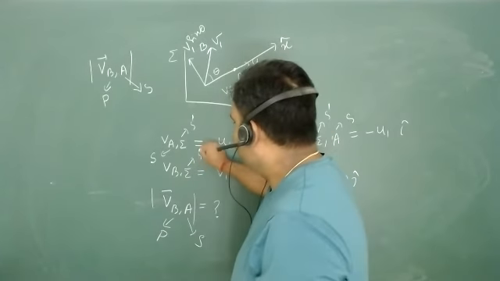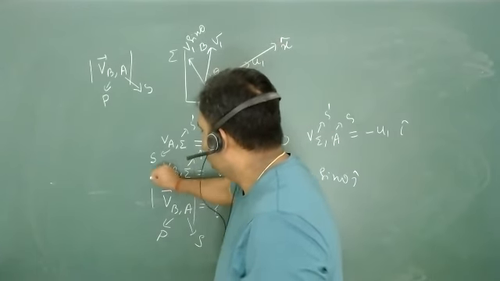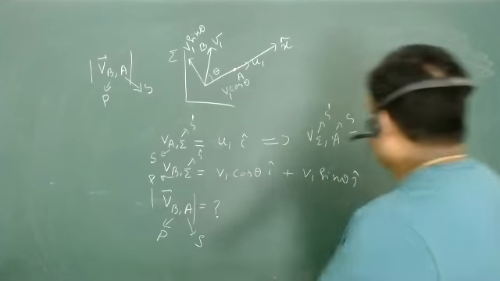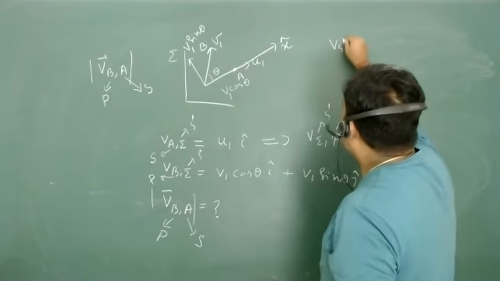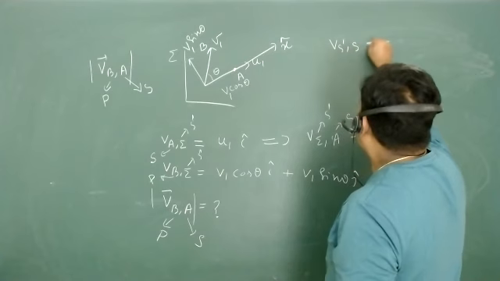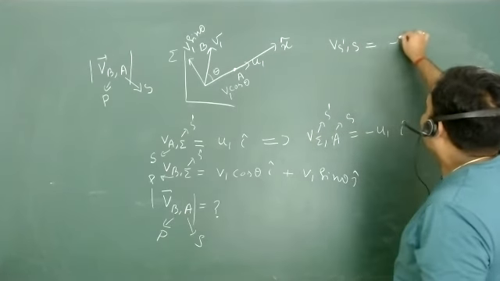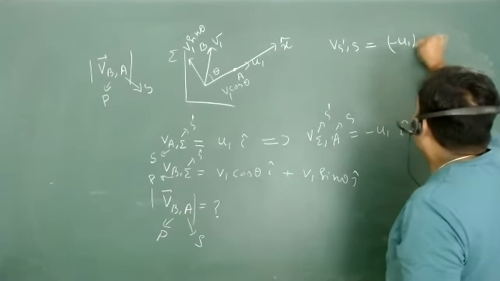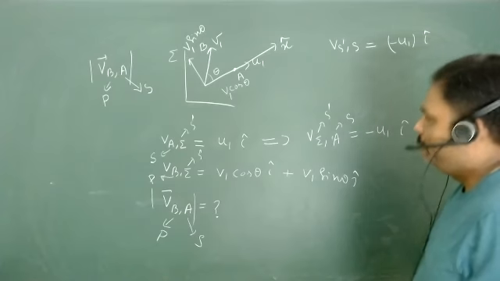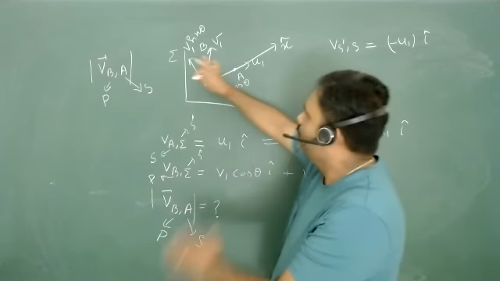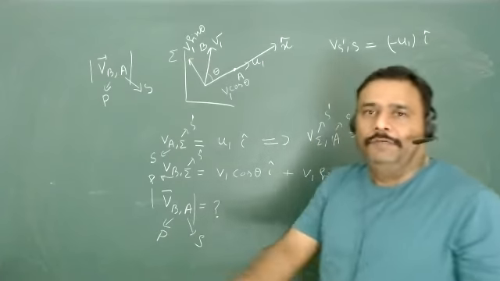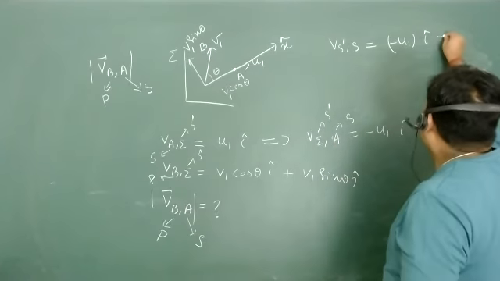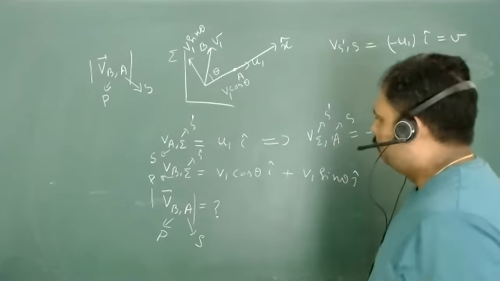Sigma is my S dash frame and B is my particle. And now we can use our notation. So the velocity of S dash with respect to S is right now nothing but minus U1 in I cap direction. I have deliberately taken U1 and V1 so that we cannot confuse them with V. And this is actually your V in general notation.